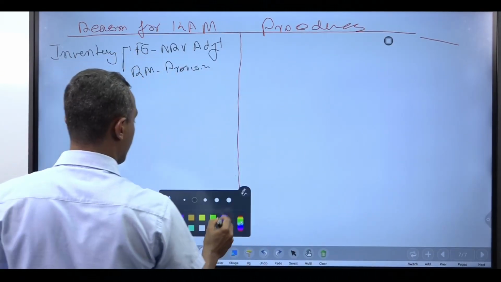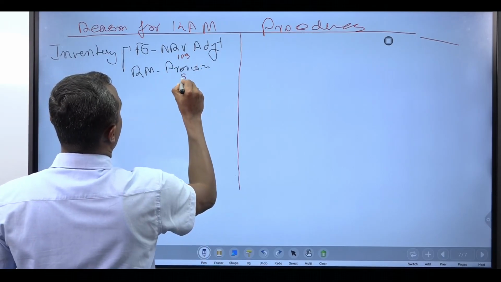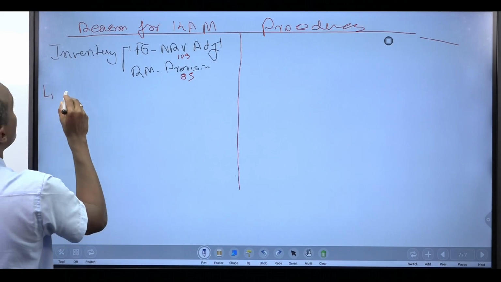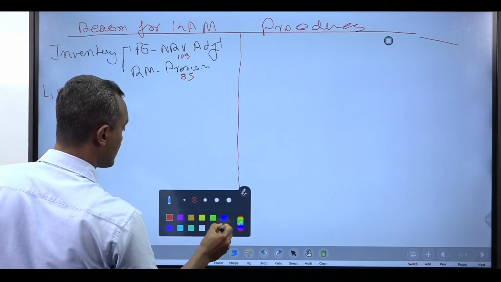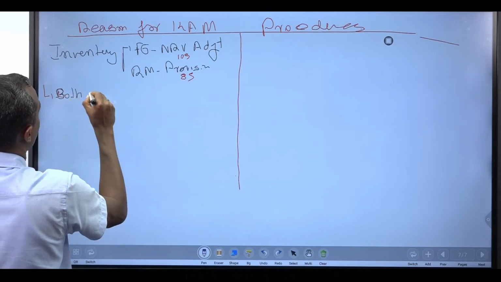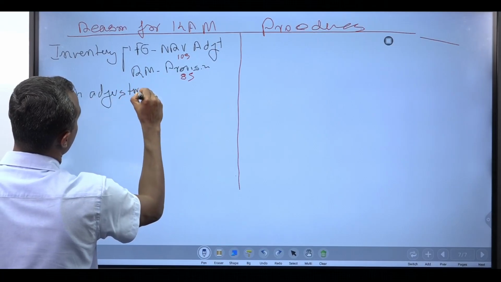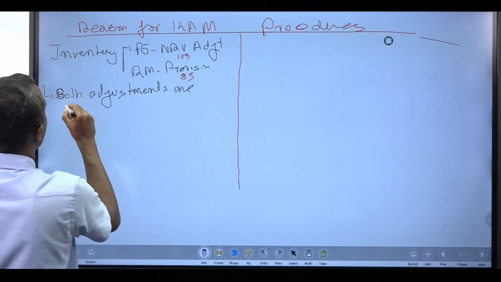So this is 105, 85, both are material. So now what are we going to say? The first point, both adjustments are material. Therefore, one eligibility, right? Both adjustments are material.